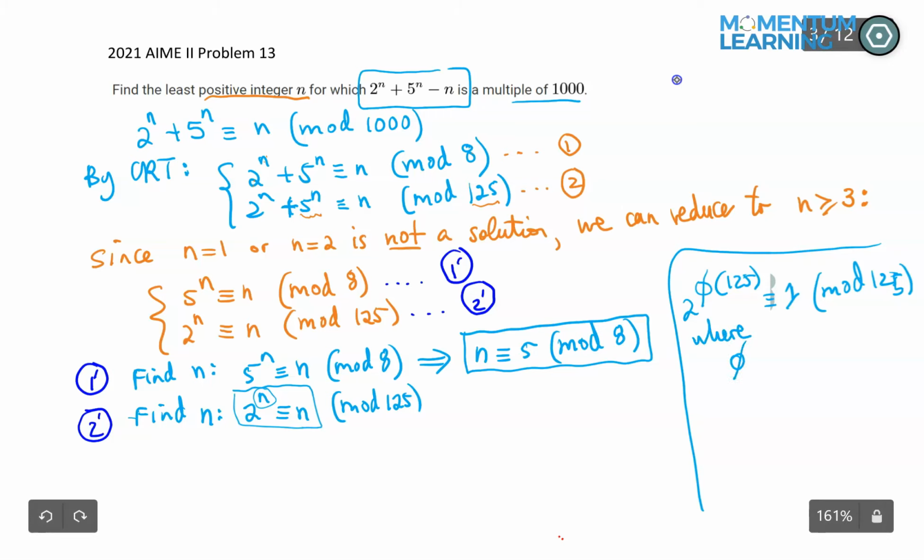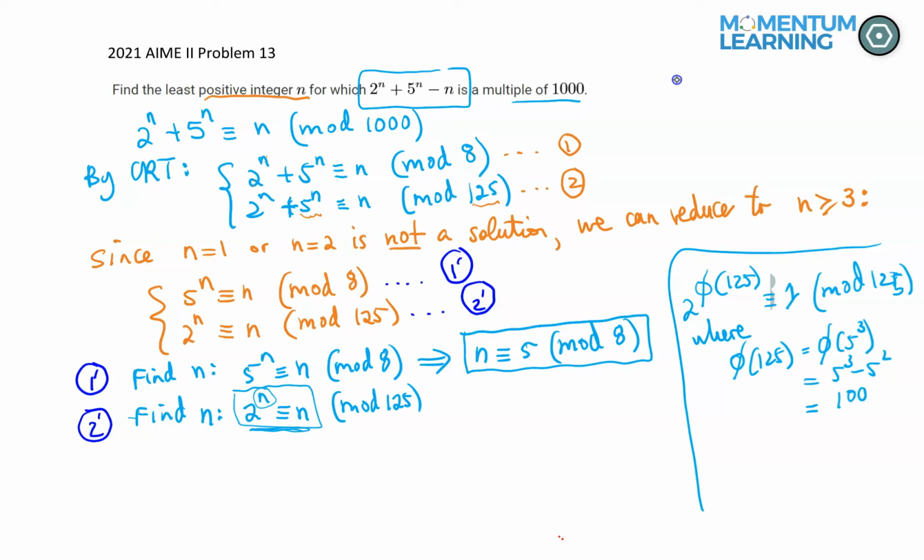But we already know phi of 125 is just phi of 5 cubed, and that is just 5 cubed minus 5 squared, I should say. And that's just 125 minus 25, that's 100. So if I want to solve this congruence, I need to somehow evaluate n modulo 100, so that I can plug it in the exponent. Do you guys see that?